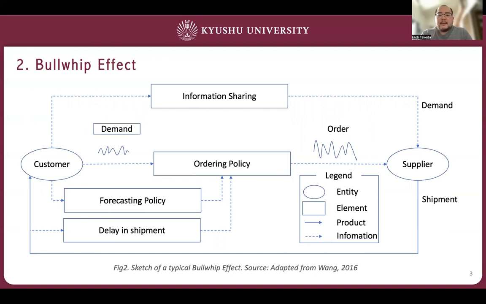In their ordering policy and forecast policy, they should order more or have more products in stock. And it doesn't happen at just one point of the supply chain, it goes consecutively. The next person in the chain orders more, and the next person orders more and more. This propagates throughout the supply chain. That's what we call the Bullwhip effect.